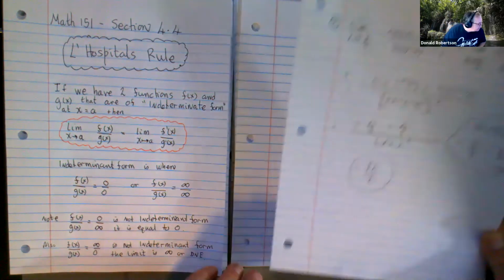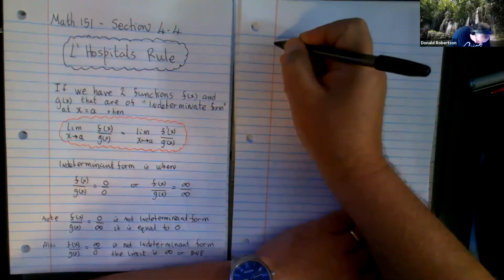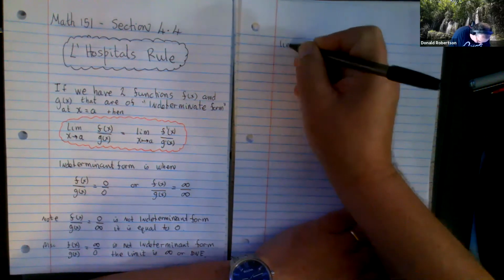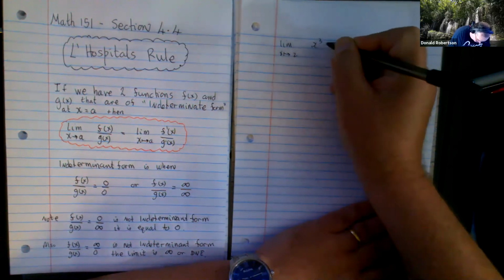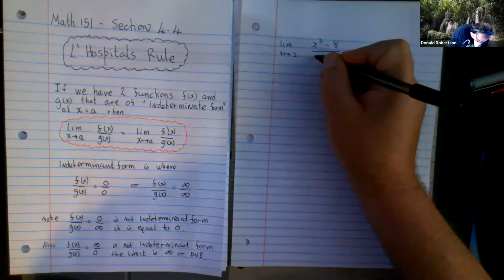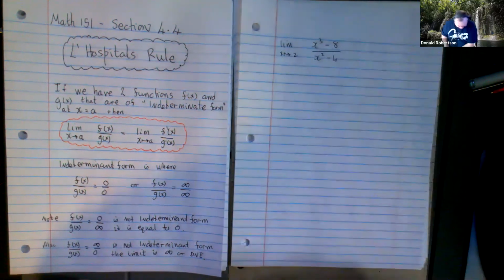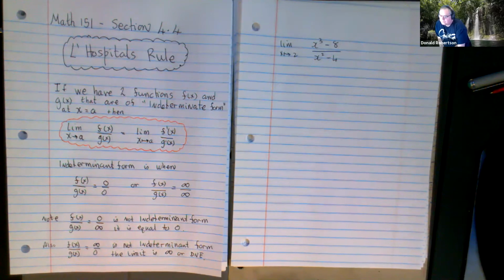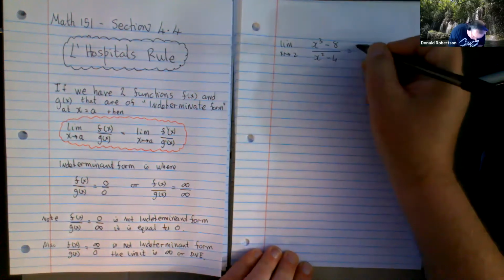So let's do a polynomial. The limit as x tends to 2 of x cubed take away 8 over x squared take away 4. Now, if you plug in 2, you get nothing over nothing, so that's indeterminate form.